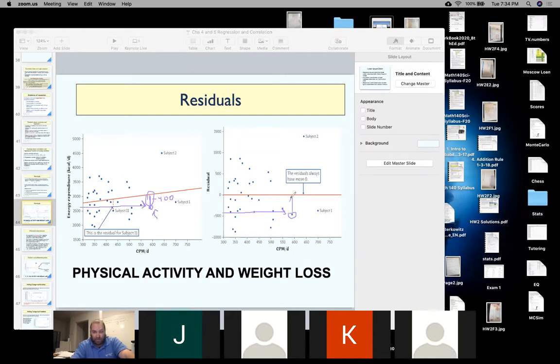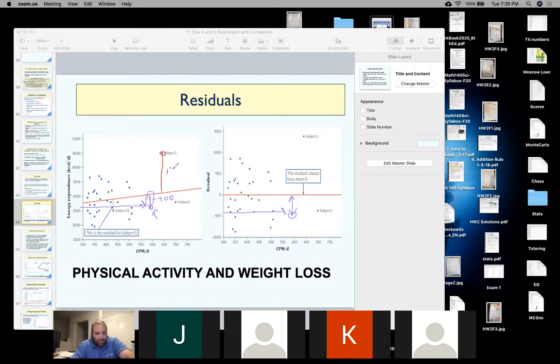This distance here is the same as this distance here. I don't care where I fall in the actual scheme. That doesn't make a difference to me. What matters is how far I fall from the line. So if I look instead at this point, I'll use bright red, its residual is about, this is about 3,000, so it has about a 1,400 residual, give or take.